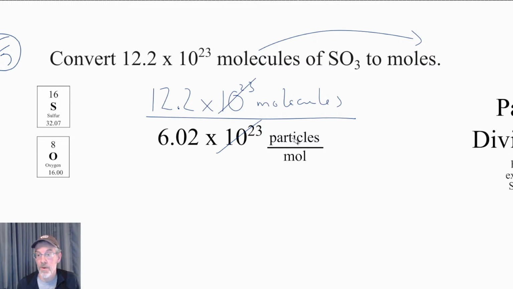And particles and molecules, that's the same thing. So we'd have moles would be our final unit. If they're different, you just subtract them. So here we end up with, what do we end up with? This is 2.03 moles. So that kind of works like that.